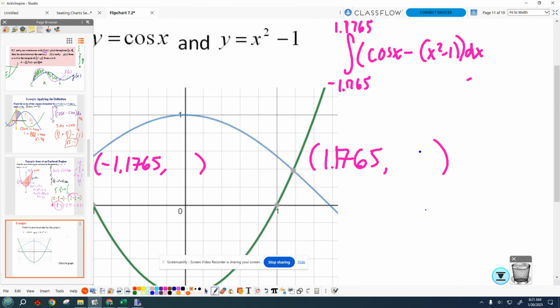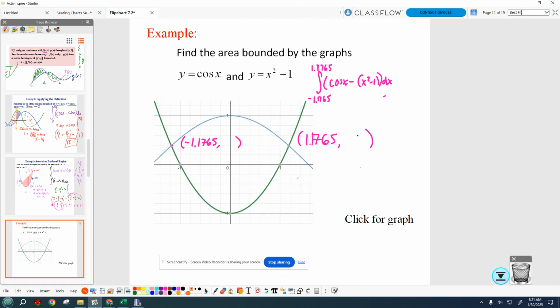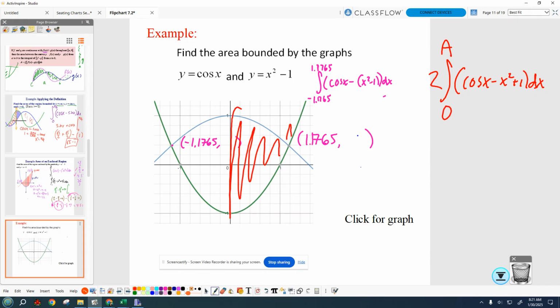Is there another way I could have set this up? There was something said about the symmetry. I could have integrated from 0 to 1.17, and then multiplied that by 2. Integrated from 0 to A and doubled it.